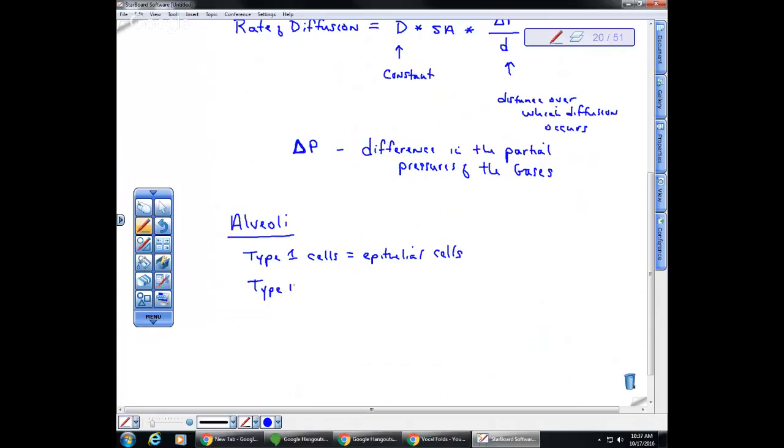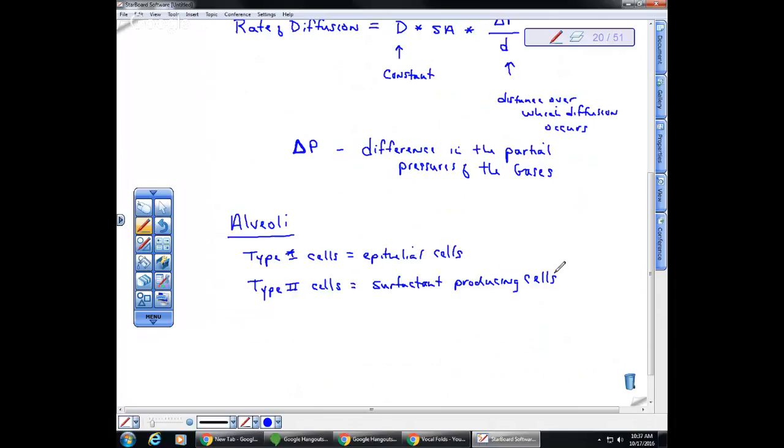Type 2 cells, and I think it's Roman numeral, type 2 cells, are what are referred to as surfactant-producing cells.